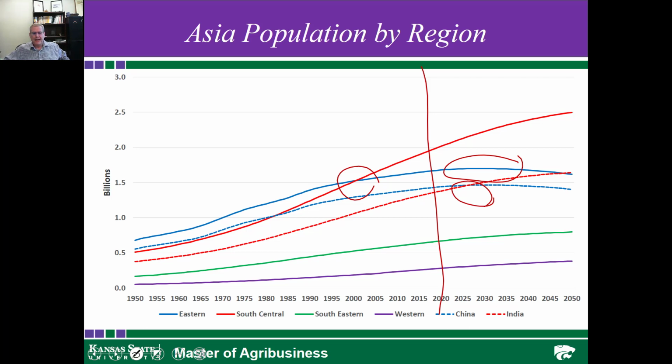But if you think back to the hunger map, both of those are in the gold region, and that gold region indicates that there is population hunger of between 5 and 15%. And so it'll be interesting to see how well both China and India are able to deal with those shortages in food availability already, and how that might change as we move forward.